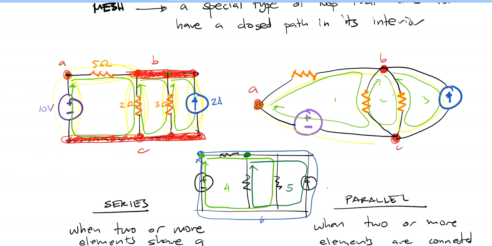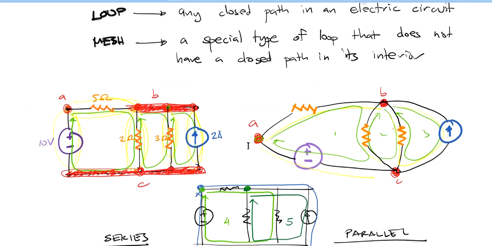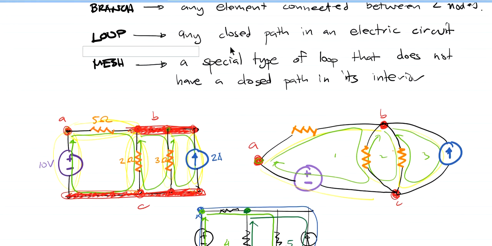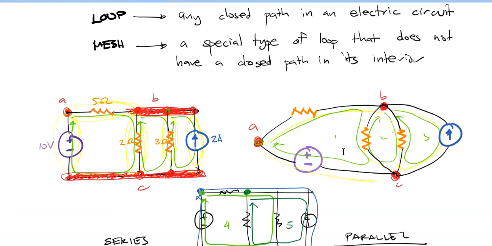For example, this 6th loop contains many other loops inside, or loop number 4 contains two more loops inside. And when we say mesh, that's a special type of loop that does not have a closed path in its interior. So basically, loops 1, 2, and 3 are the meshes that we have.